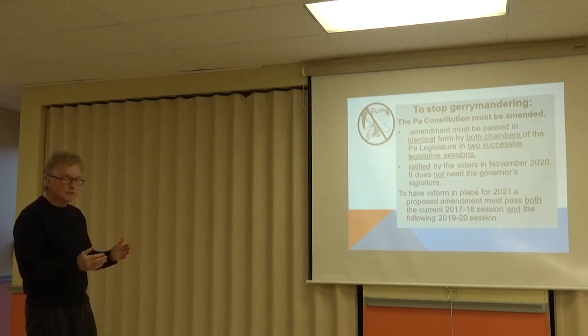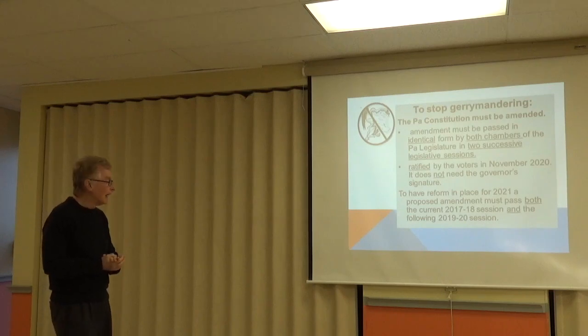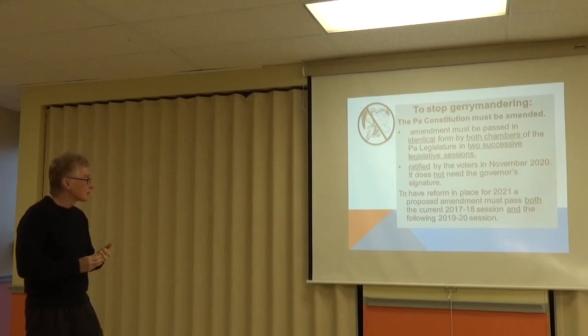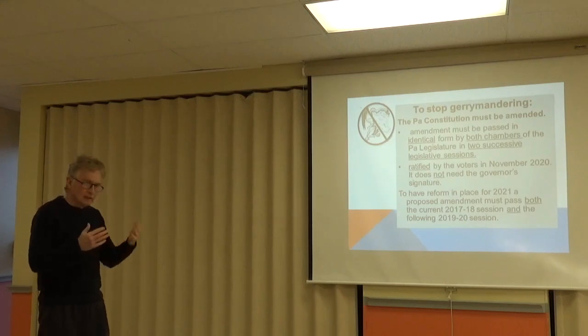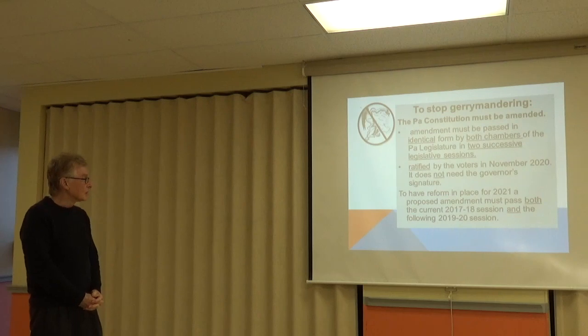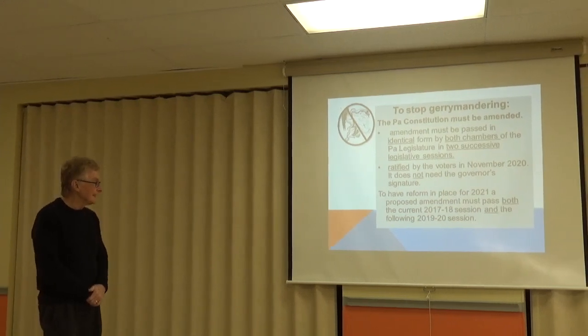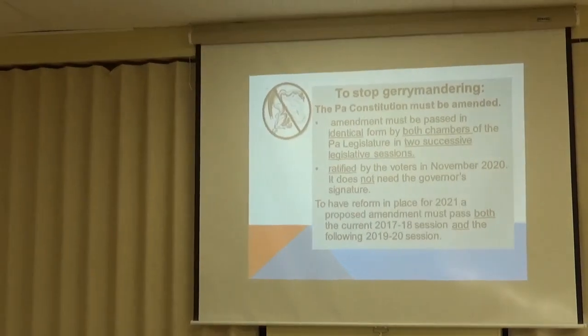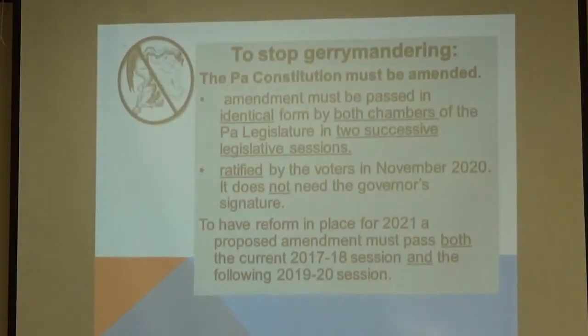And if that happens, then we can put the amendment on the ballot, and our citizens of Pennsylvania can then vote on whether they want that particular amendment. So if we are going to reform the way we draw our district lines, we're going to have to pass that amendment both in the 2017-18 session and the 2019-20 session.